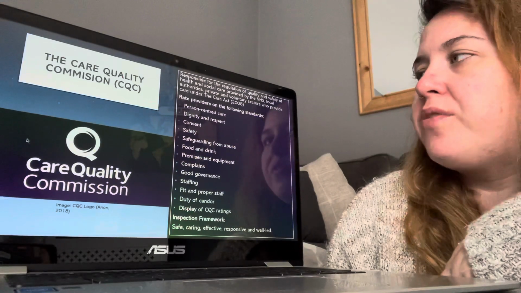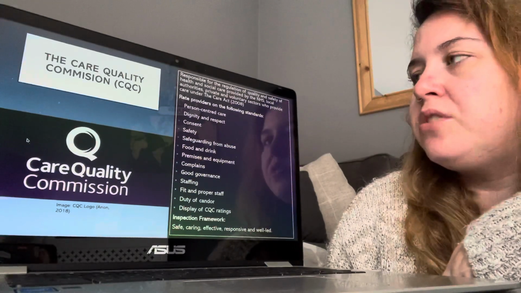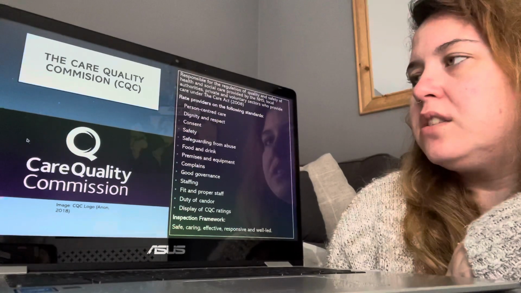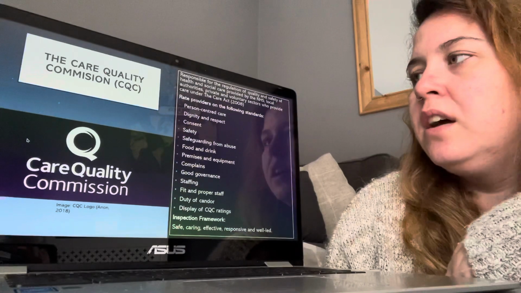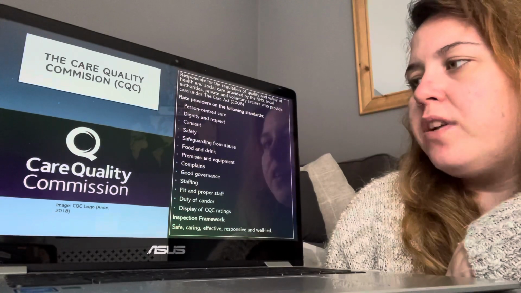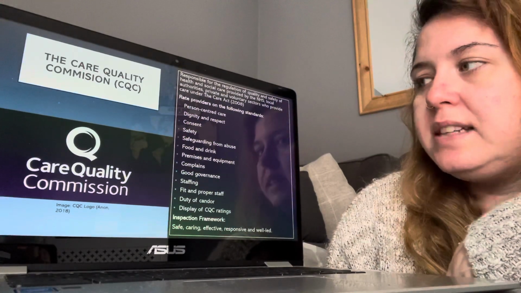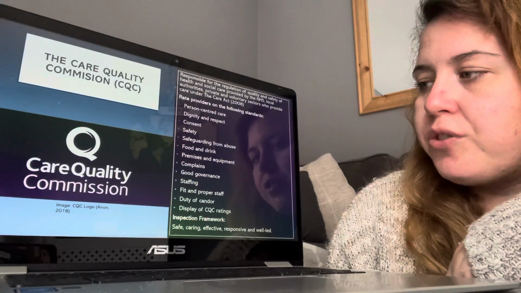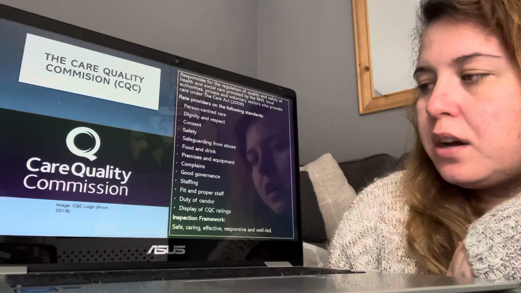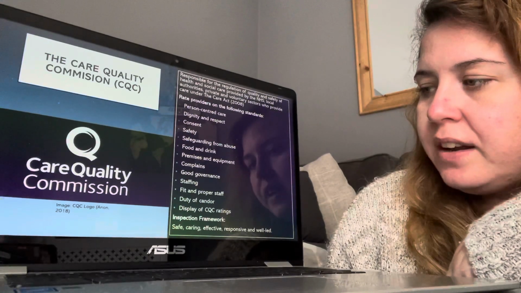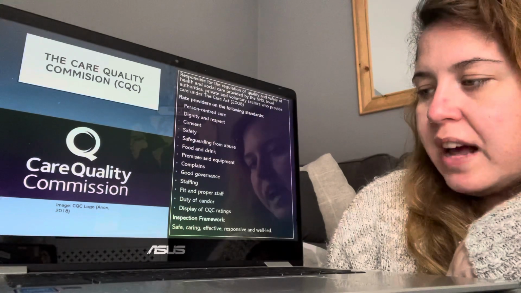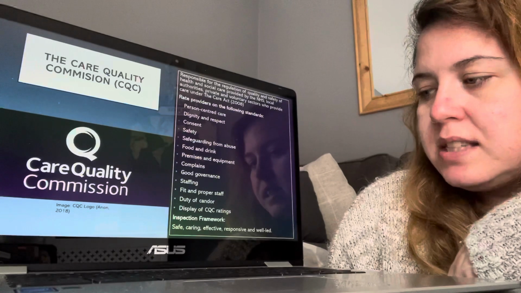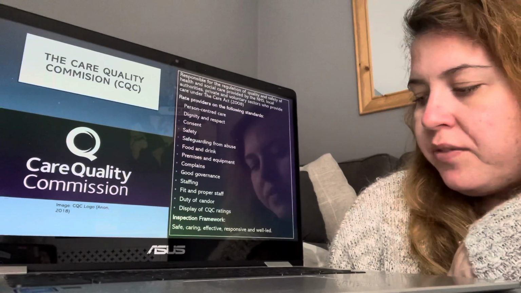The Care Quality Commission. They're responsible for the regulation of quality and safety of health and social care provided by the NHS, local authorities, private and voluntary sectors who provide care under the Care Act. They rate providers on the following standards: person-centred care, dignity and respect, consent, safety, safeguarding from abuse, food and drink, premises and equipment, complaints, good governance, staffing, fit and proper staff, duty of candour, display of CQC ratings, and their inspection framework is safe, caring, effective, responsive and well led.